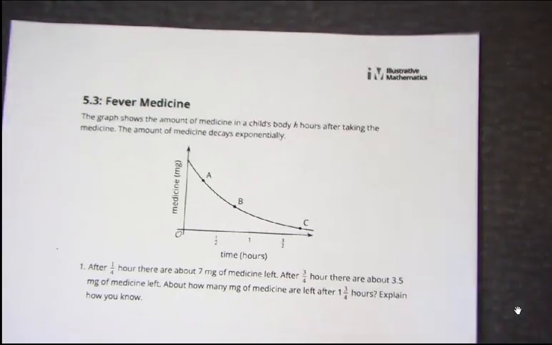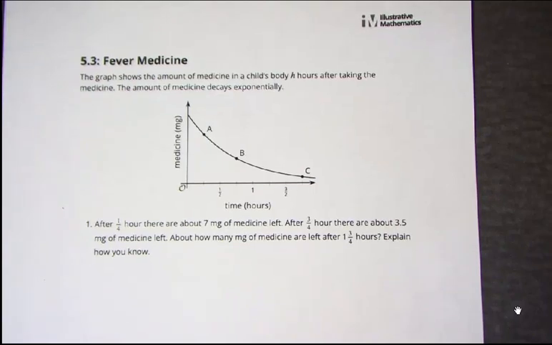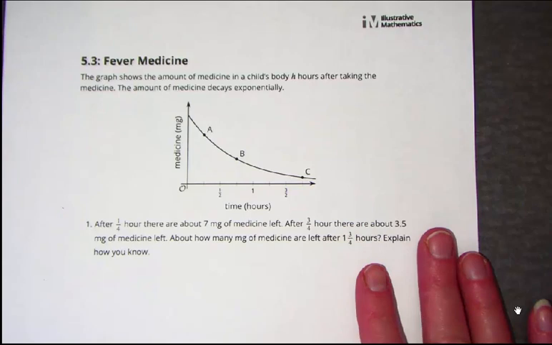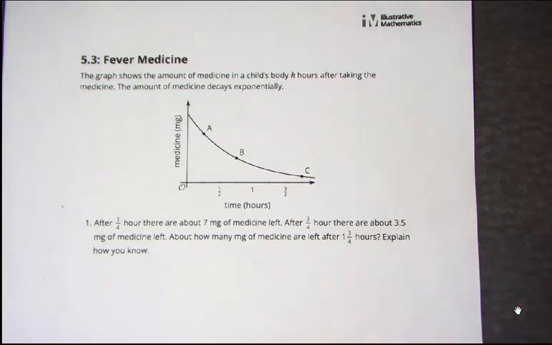5.3 gets us where we can really start to see what we might be working with and how we can apply this. So toxicologists use this. If you are becoming a forensic investigator or anything like that, they do like to look at this kind of stuff to see how long medicine has been in the body.